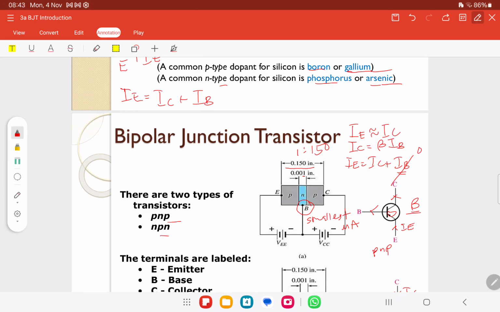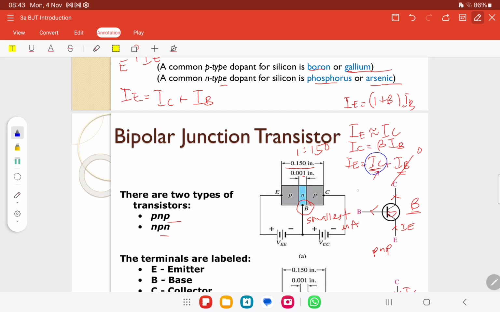Okay, another relationship is IE equals to 1 plus beta IB. If we put the beta into the lower one, okay, replace IC with beta IB, so you can get 1 plus beta IB. See?